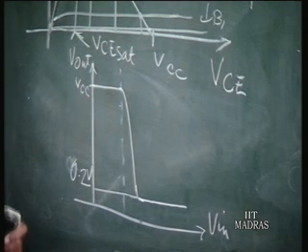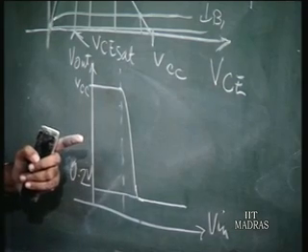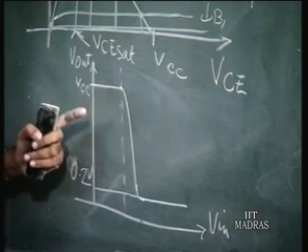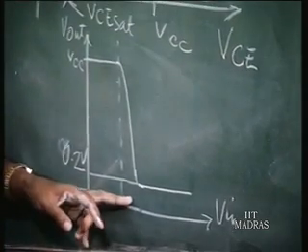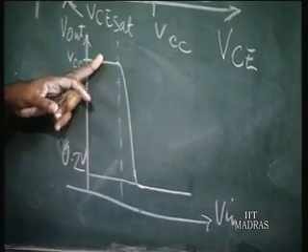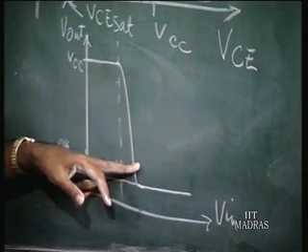So, this is the characteristics of an inverter, correct. Inverter, because when input voltage is low, output voltage is high. When input voltage is high, output voltage is low.